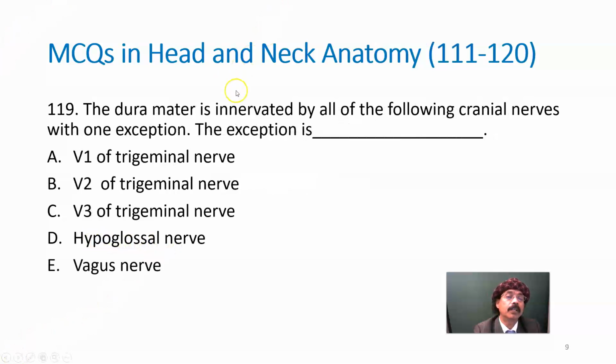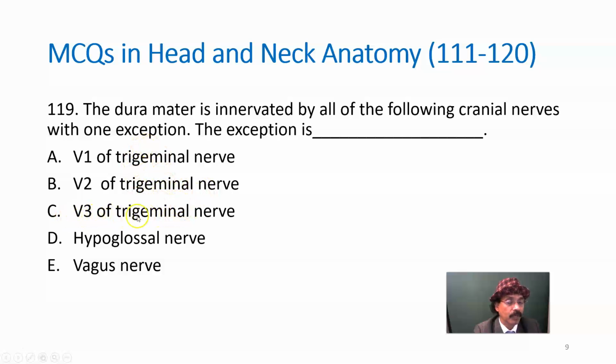The dura mater is innervated by all of the following cranial nerves with one exception. V1, the ophthalmic division of the trigeminal nerve, yes. V2, the maxillary division, yes. V3, the mandibular division, yes.